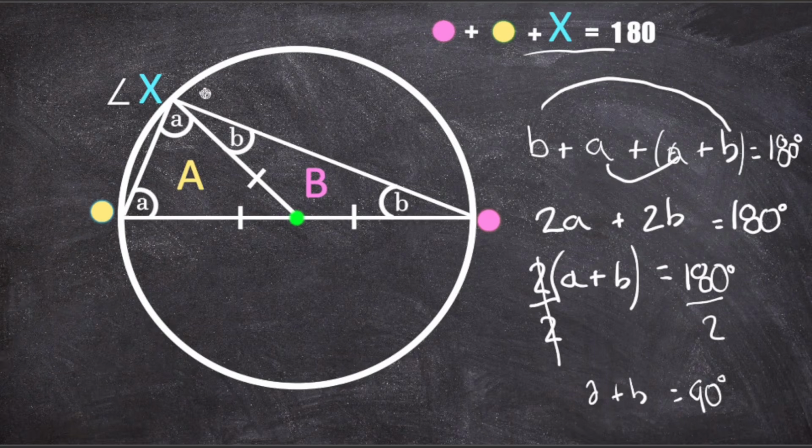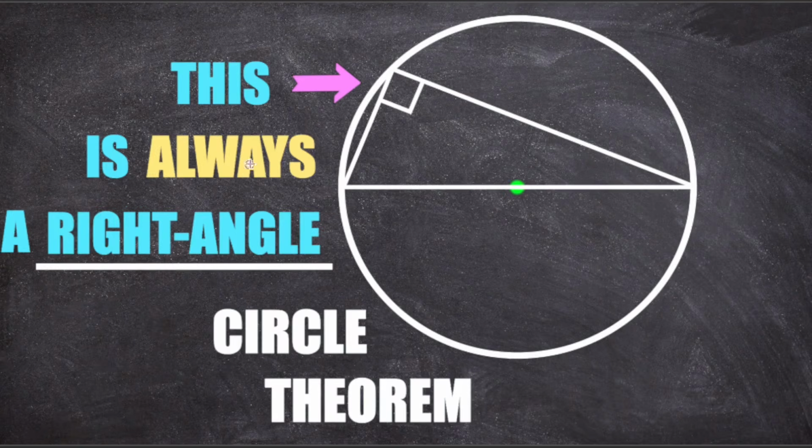But going over to the circle, you can see that X equals a combination of A and B, so X must be 90 degrees, which means that we've shown that the angle in a semicircle, that's the angle that's opposite the base, is actually 90 degrees. And as you know, 90 degrees is a right angle, and therefore this is always a right angle according to the circle theorem.